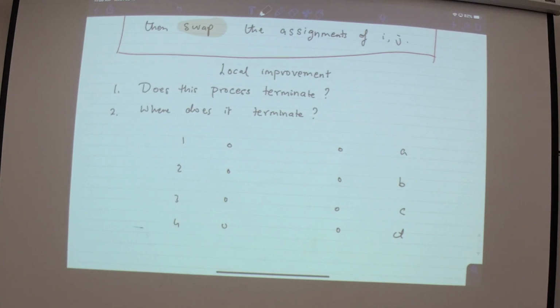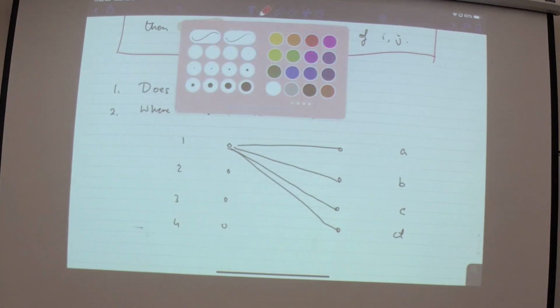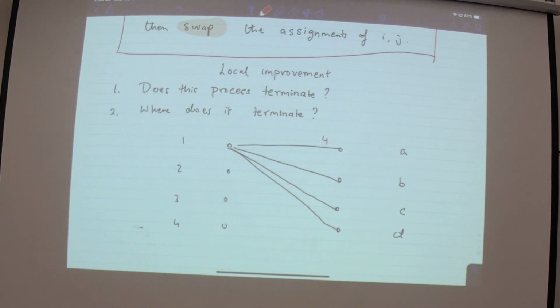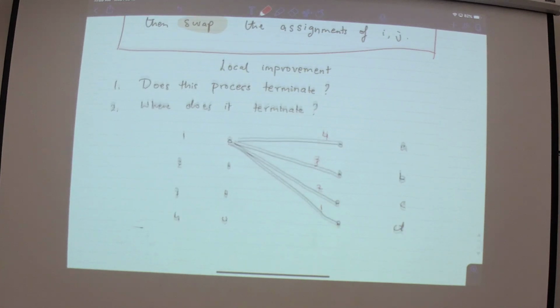So person 1 has values for A, B, C, and D of 4, 3, 2, 1. Person 2 has... You know what? I'm going to do this like a matrix here.